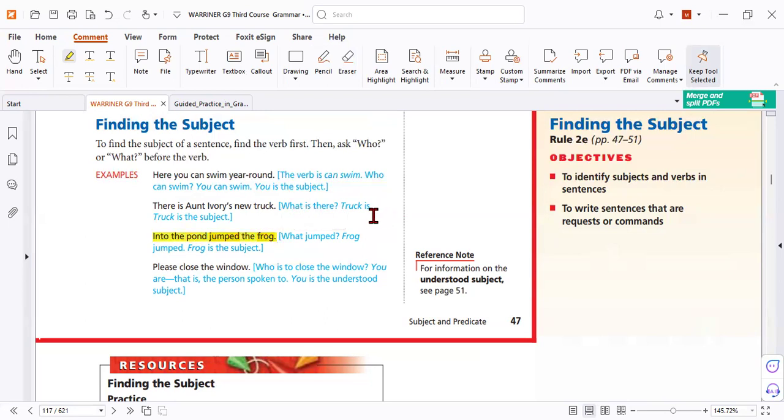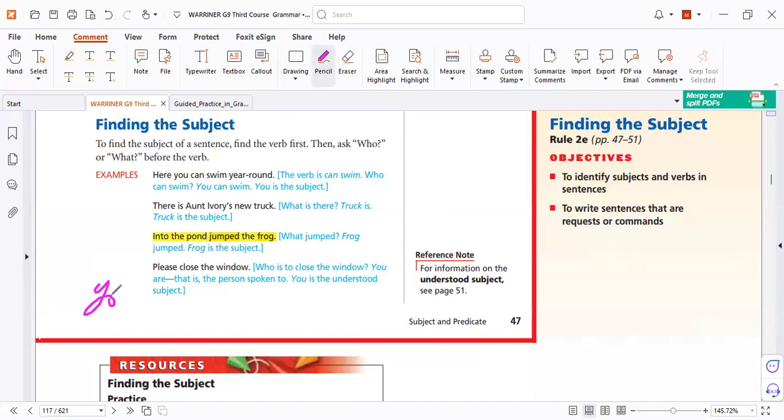Now again, please close the window. What is the subject? There's no subject. No, there is a subject because I'm talking to you. I'm giving you the order.